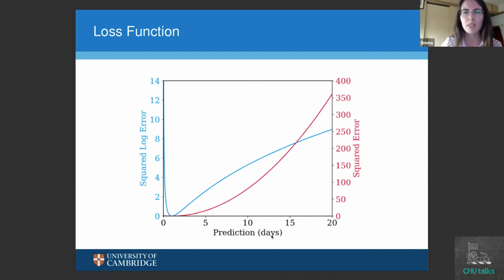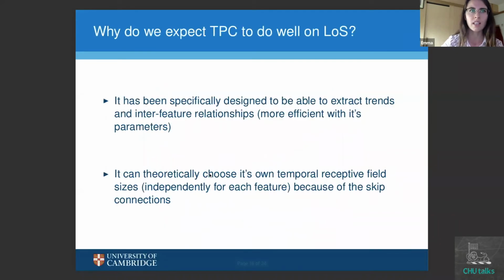So the model is going to be discouraged from predicting very high values. And also it's going to mostly get away with under predicting, because the mean prediction it's going to be producing is quite low because of the skewed distribution. So we found that this other function, the mean squared log error, tends to be much better behaved. And I'll show you the results of that in a second.